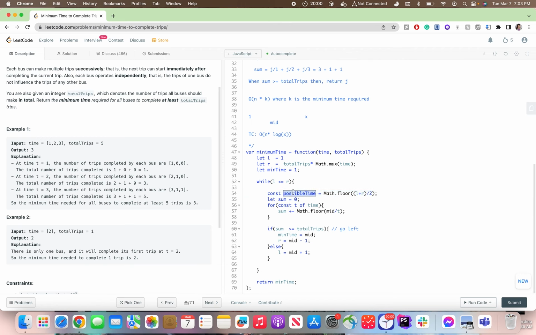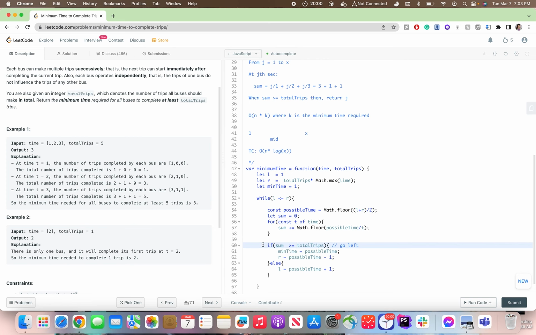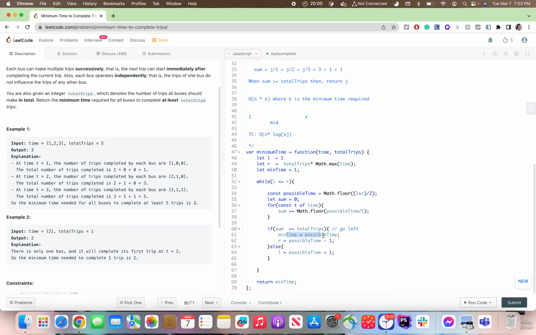Possible time is Math.floor of l plus r divided by 2, the mid time, and we compute possible time divided by t, floored, into sum. If sum is greater than or equal to total trips, we go left to see if we can find an even smaller possible time. So minimum time is equal to possible time, and we go left; otherwise we go right. And at last we return minimum time.